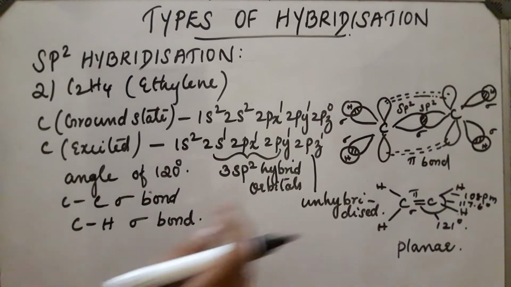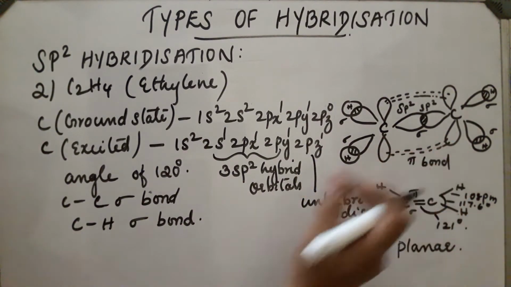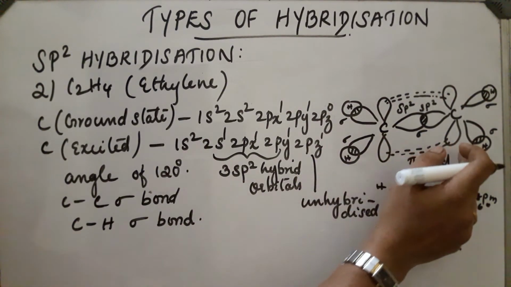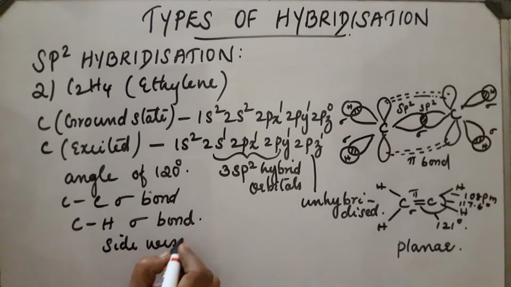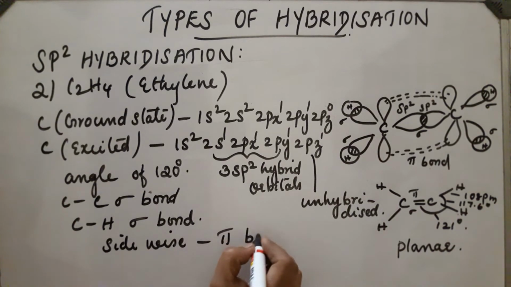These two unhybridized orbitals overlap sidewise and form a pi bond.